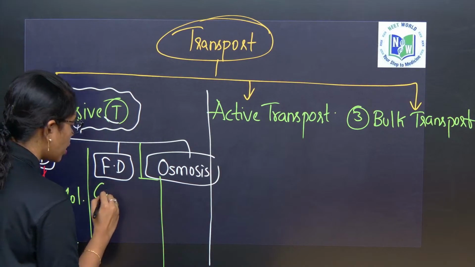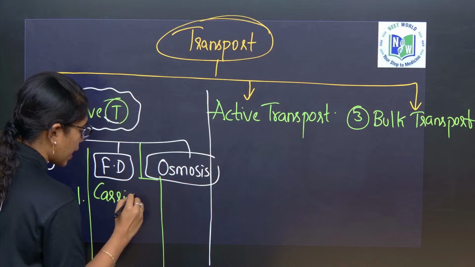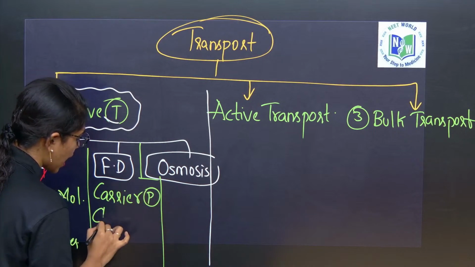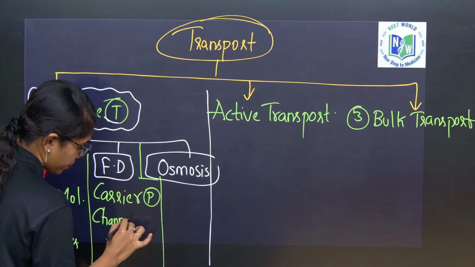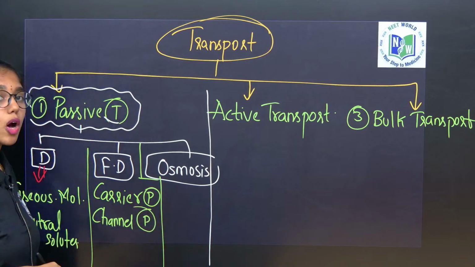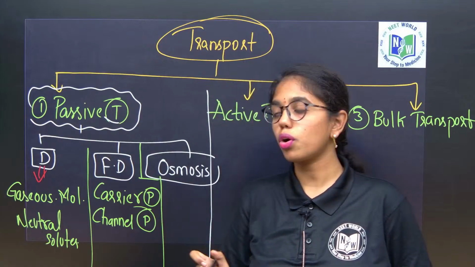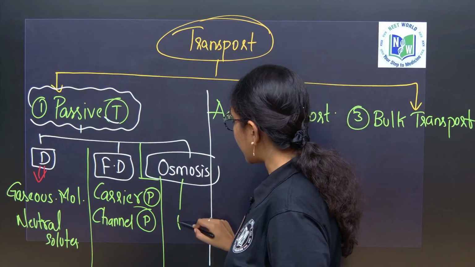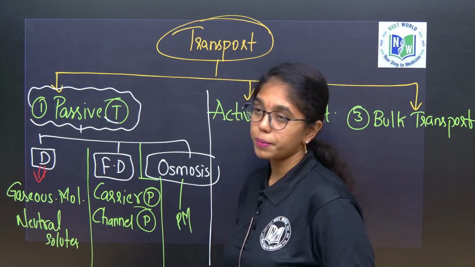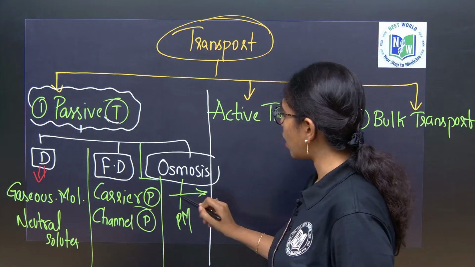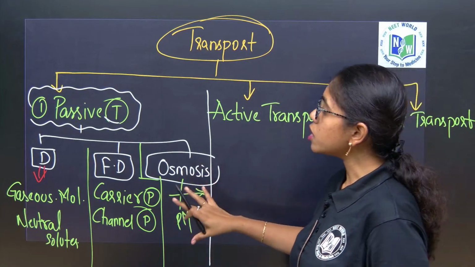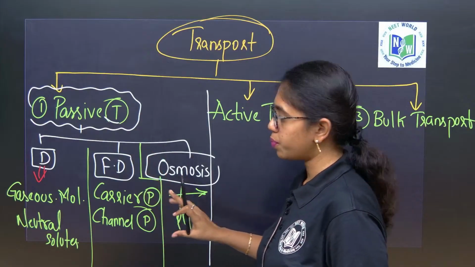Carrier proteins or channel proteins. Osmosis is the movement of molecules from high concentration to low concentration through the plasma membrane or semi-permeable membrane. This is all about passive transport.